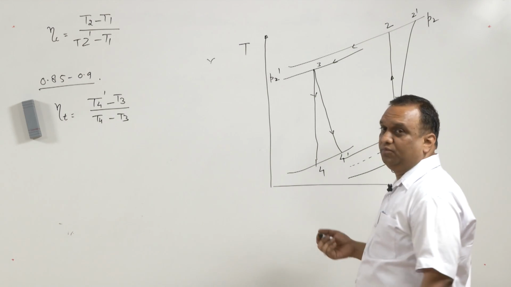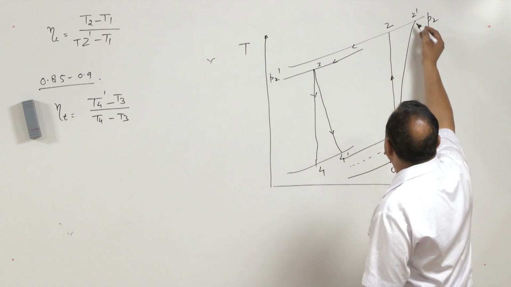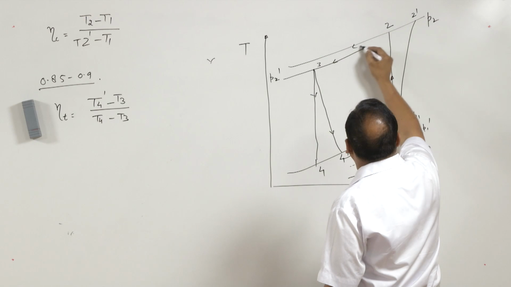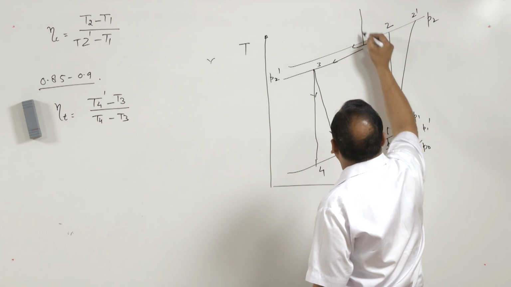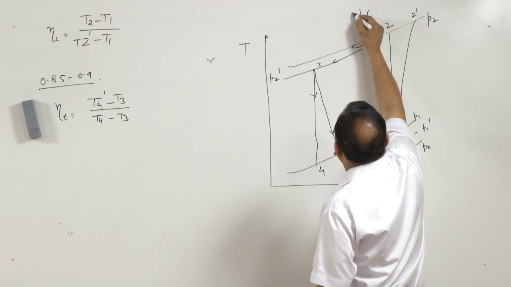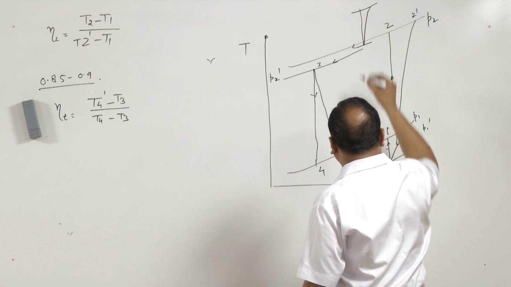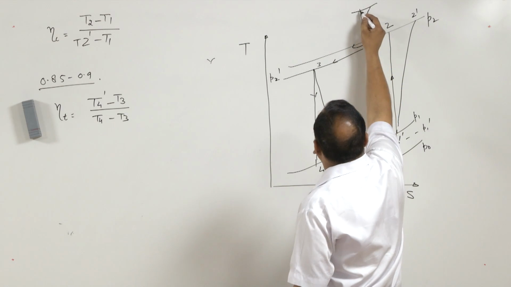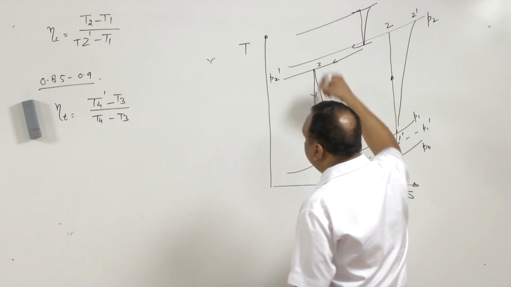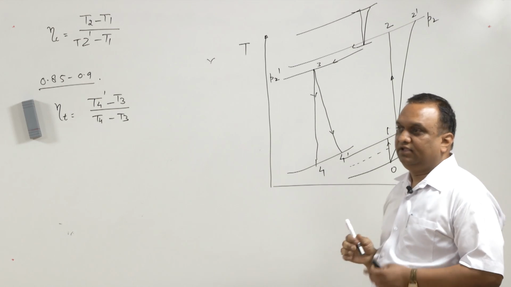If you are using a bootstrap cycle, again some pressure drop will be there, and again during the compression process there will be irreversibilities, or a rise in entropy. So, in a bootstrap cycle also the same type of phenomena takes place.